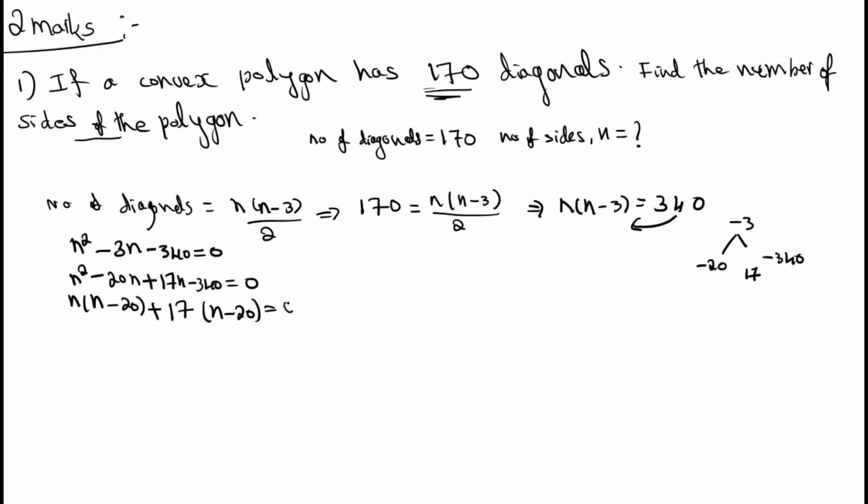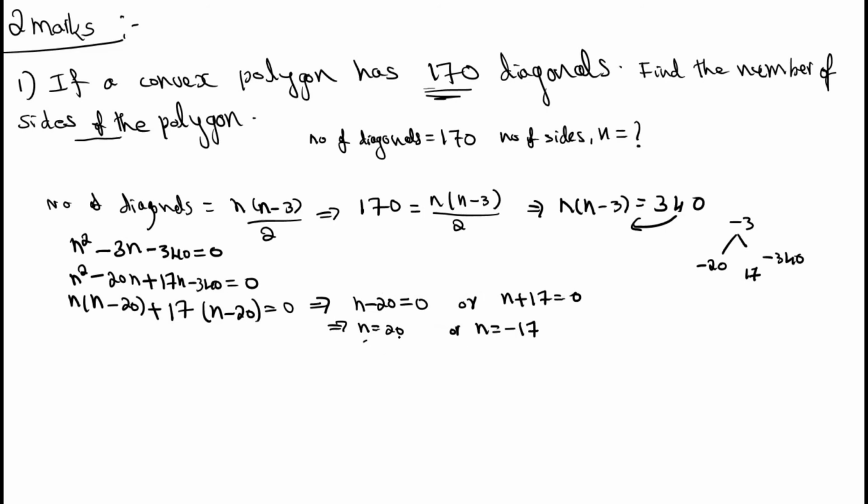It's equal to 0. This implies n minus 20 is equal to 0 or n plus 17 is equal to 0. This implies n is equal to 20 or n is equal to minus 17.